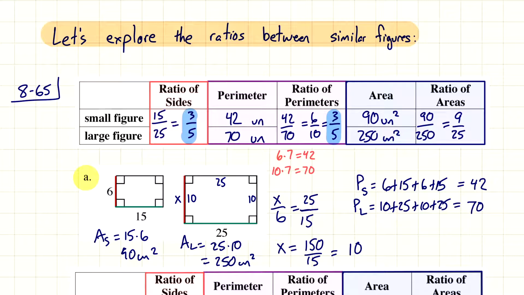So the question is, how does that ratio of areas relate to the other ratios? So we have 3/5, 3/5, and 9 over 25. See if you can remember that connection that we made last time.